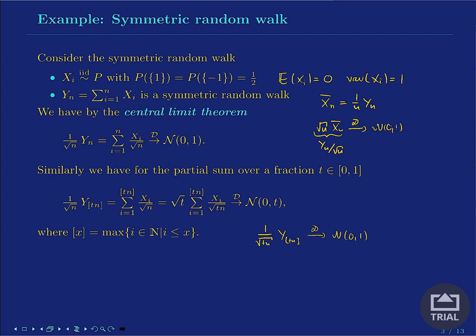And if we now want to look at this process here, this is simply obtained by multiplying through by square root t, which then cancels here with the square root t in the denominator. And that means that we have this limiting standard normal distribution also multiplied by square root t, which then equals a normal distribution with variance t.